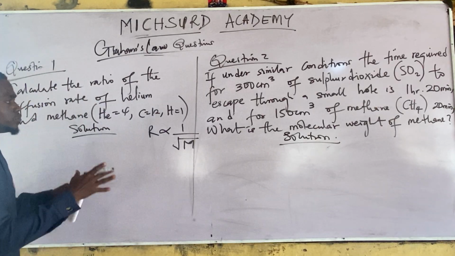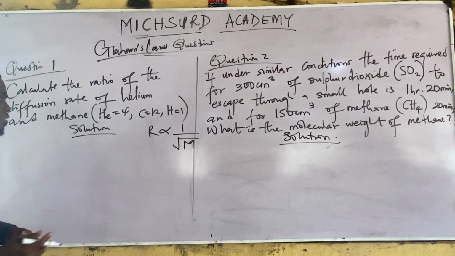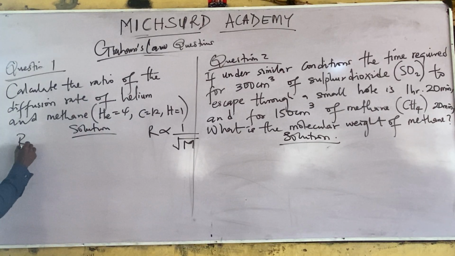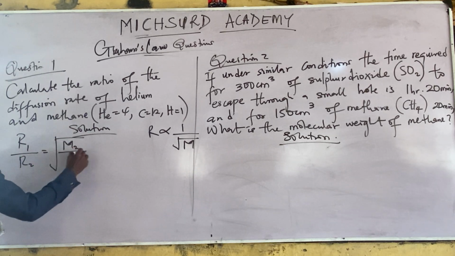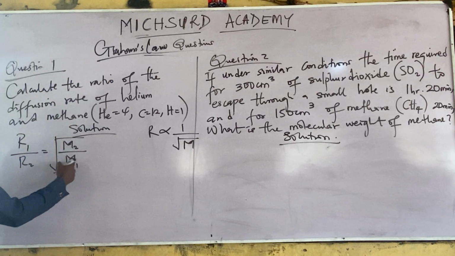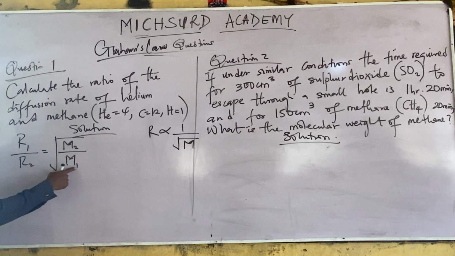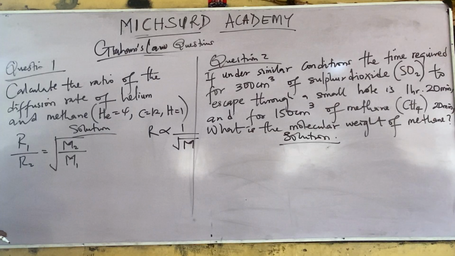If we rearrange this for the initial and final states, the formula will be R1 over R2 equals the square root of M2 over M1. This is the initial rate of diffusion and the final rate of diffusion, M1 is the molecular mass of the first gas, and M2 is the molecular mass of the second gas.